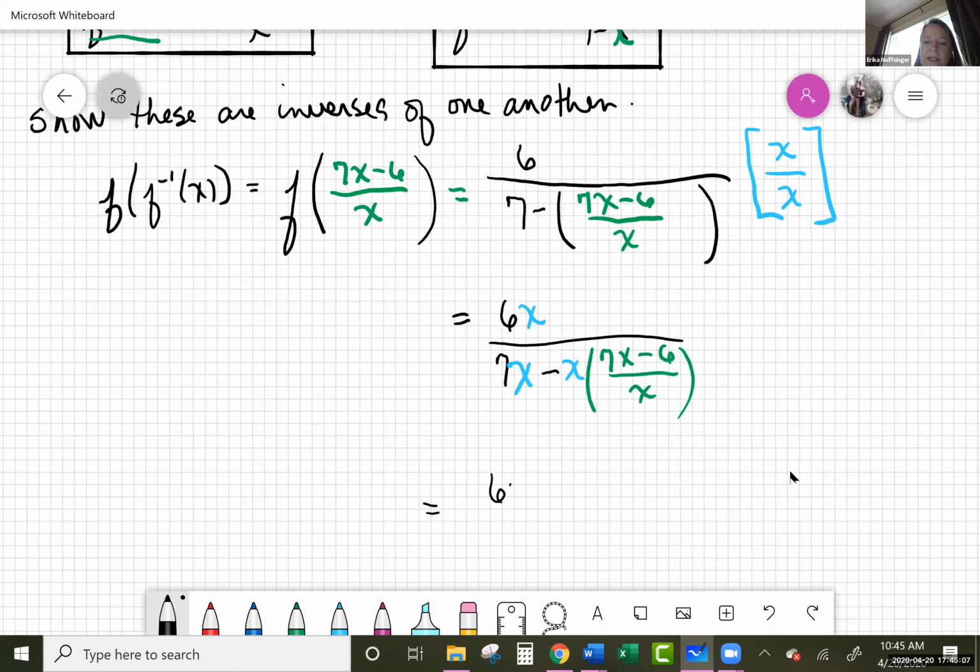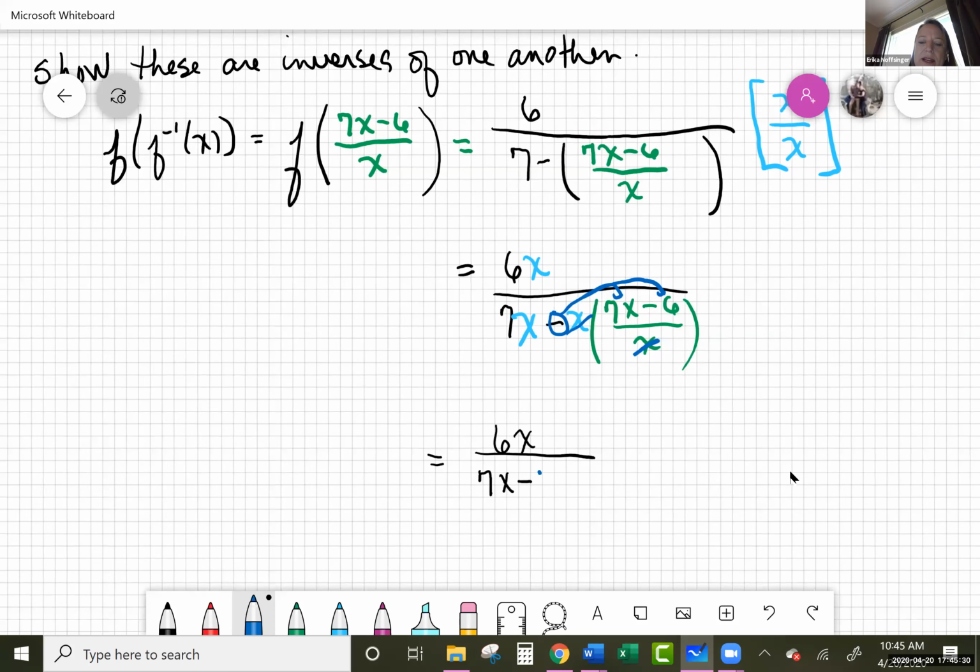So this is 6x all over 7x minus, so the whole point of that whole thing was so the x would cancel. But make sure you carry that negative. So this would give us negative times 7x, so minus 7x, and negative times a negative 6 is plus 6.